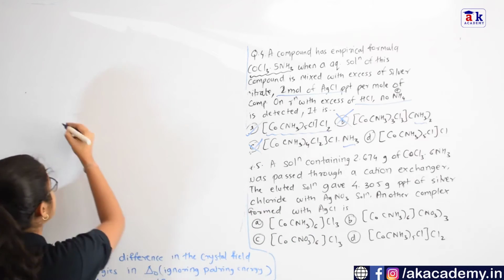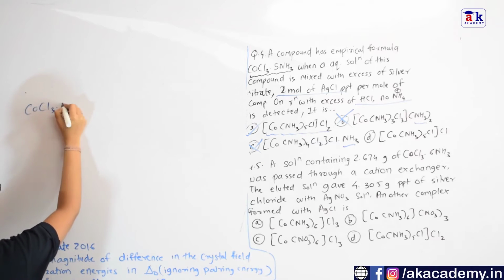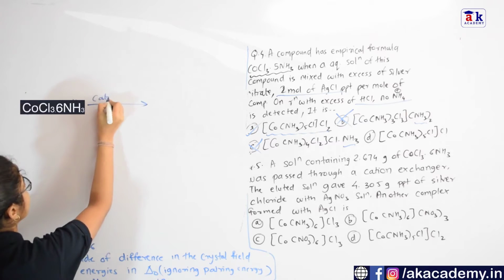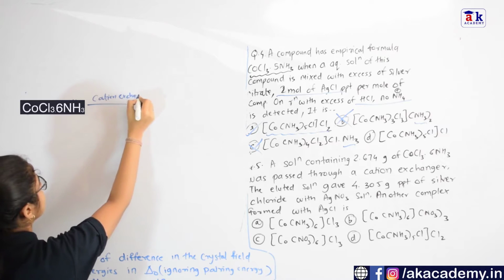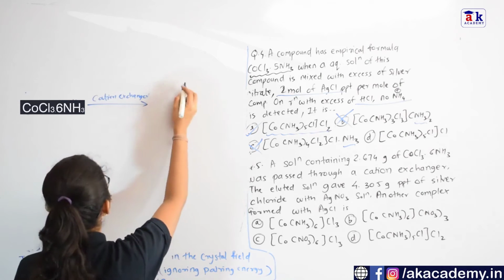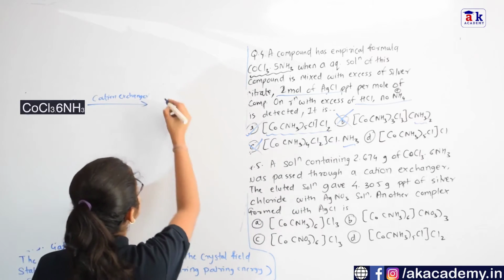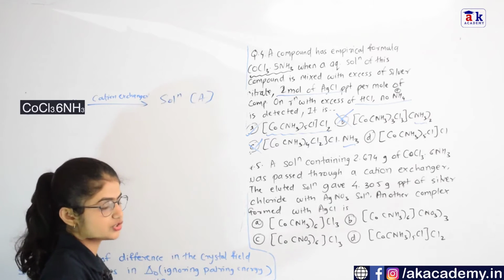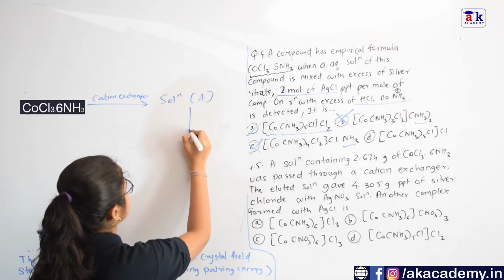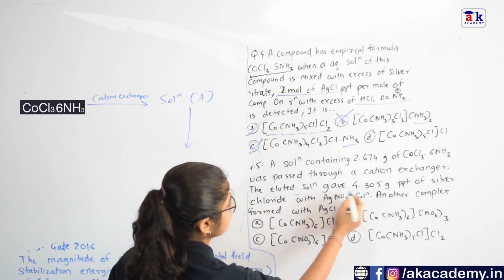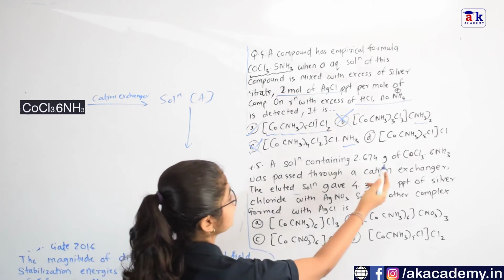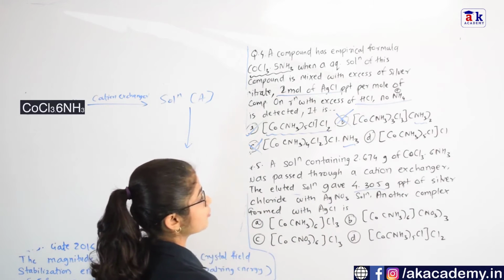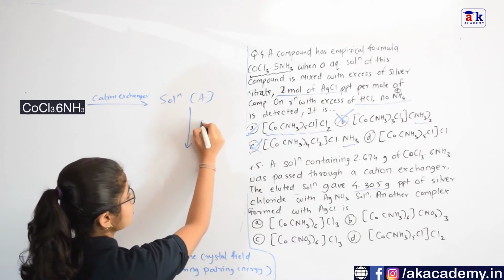Here it is saying that a compound which has the empirical formula CoCl3·6NH3, when it is passed through a cation exchanger, forms solution A. The eluted solution gave 4.305 gram of precipitate of silver chloride when it is treated with AgNO3 solution.